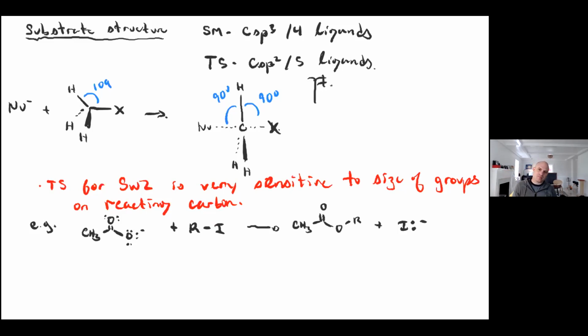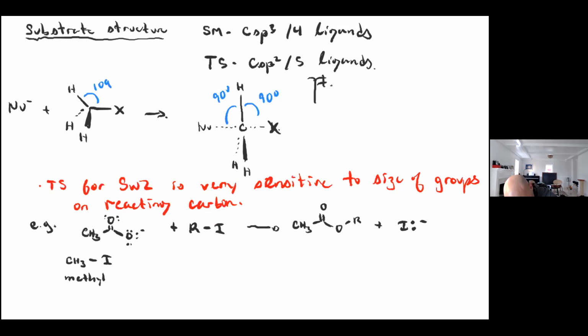The fastest, all else equal, so not changing the nucleophile, solvent, or temperature, the fastest reacting R group is going to be CH3. And so this is just a methyl.